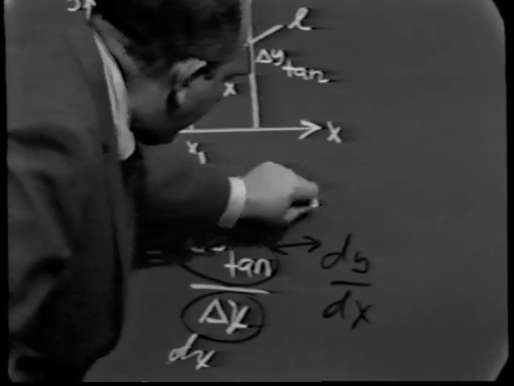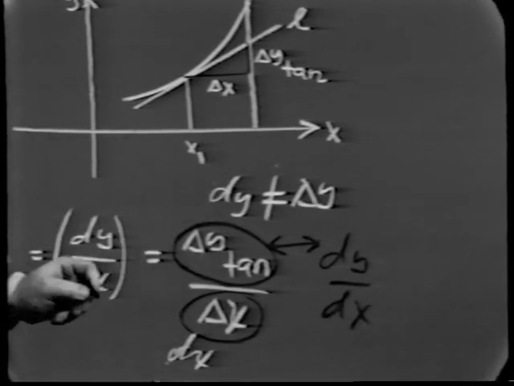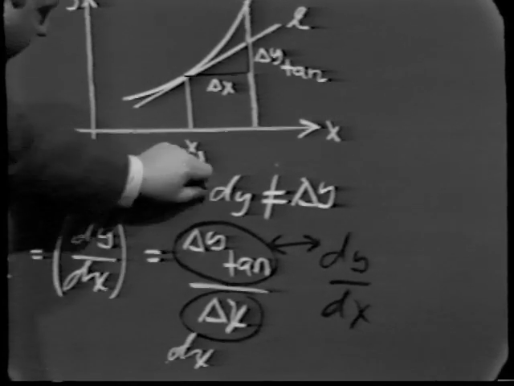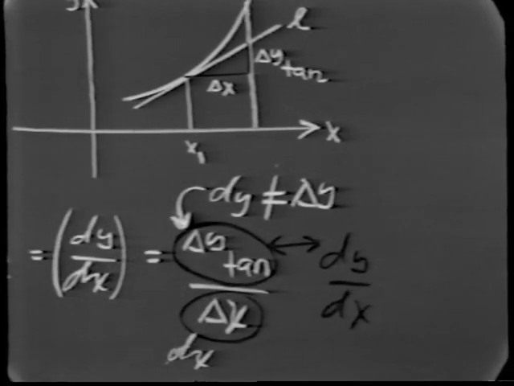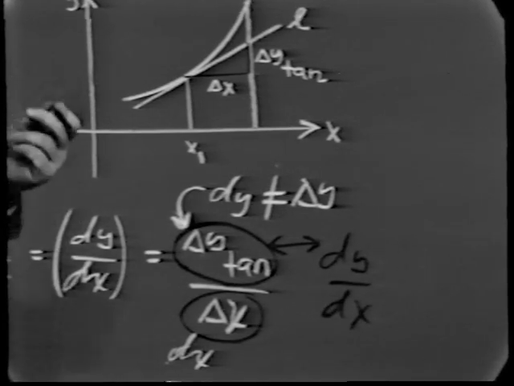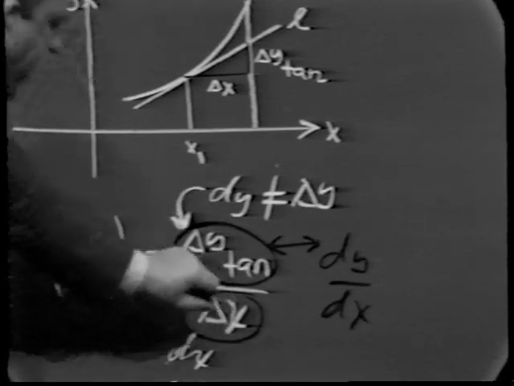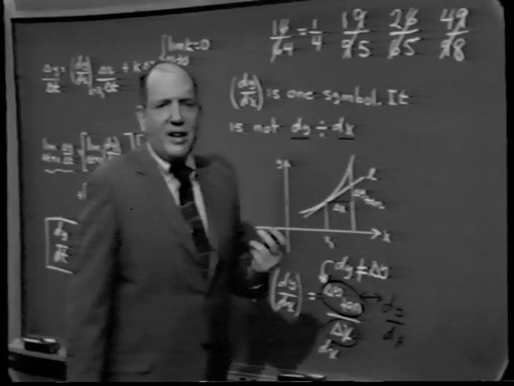It's not equal to delta y. It is equal to delta y tan. In other words, if I allow dy to stand for delta y tan and dx to stand for delta x, I can now treat dy dx as if it were dy divided by dx.